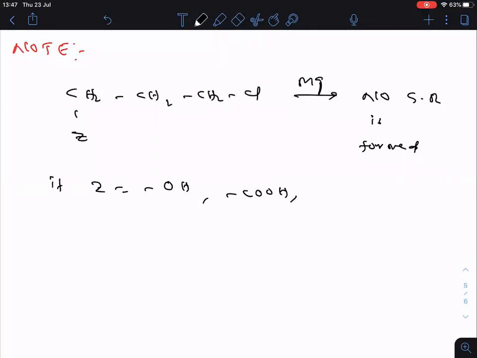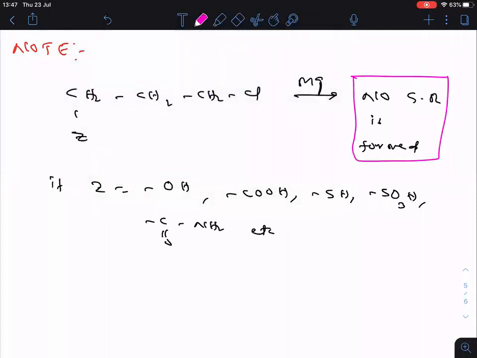Then SH, next SO3H, sulfonic acid, next CONH2, etc. So if Z is a group which contains acidic hydrogen, then we can't prepare the Grignard reagent in that case.